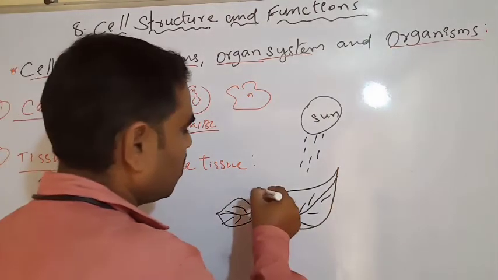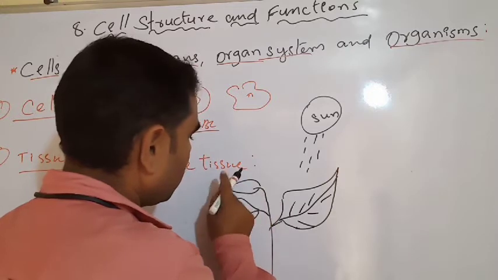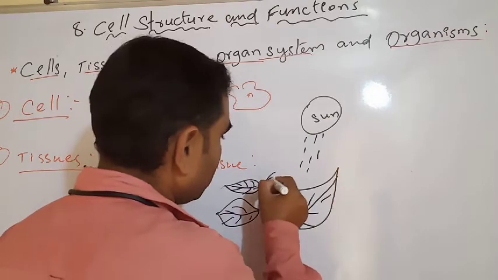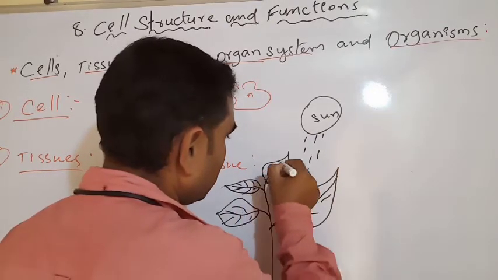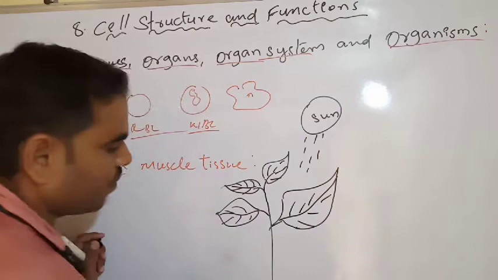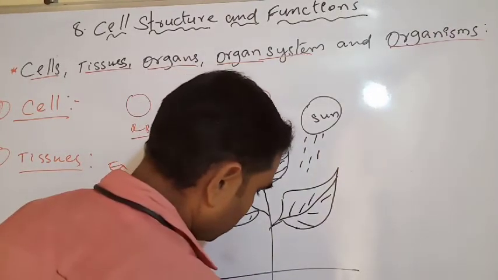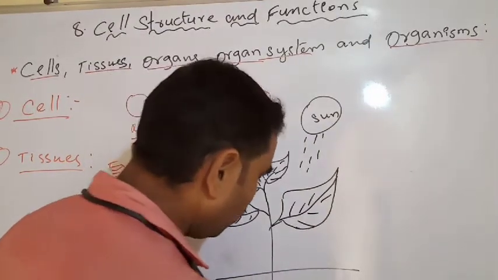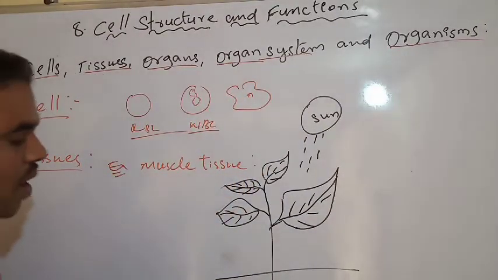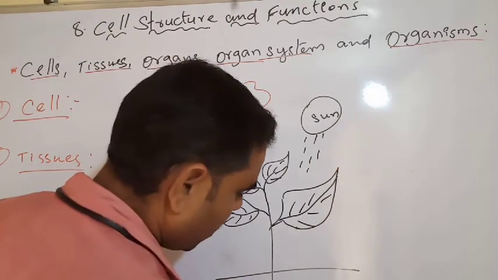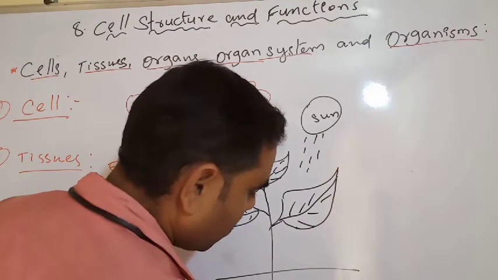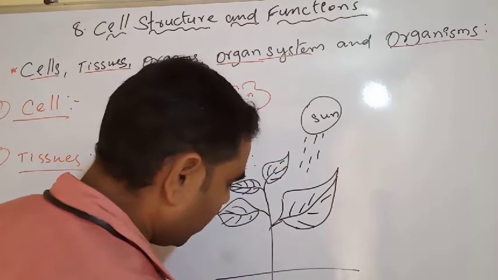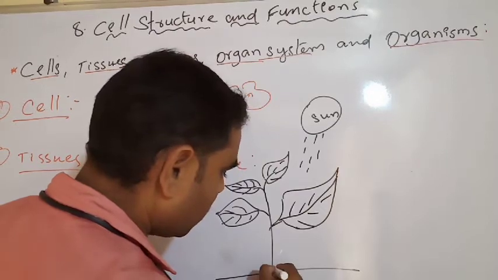They get sunlight, chlorophyll is there, and through the root they take water and minerals, transporting the minerals.